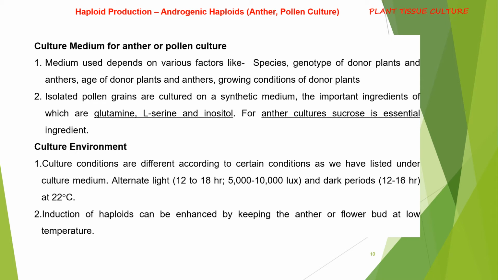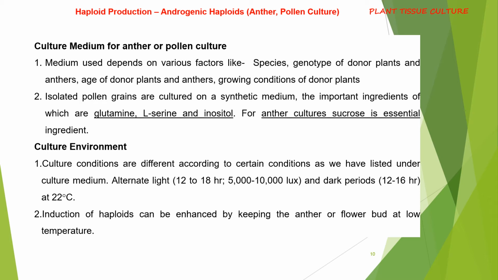Formulated media like Murashige and Skoog's media, Gamborg's media, Nitsch media, etc. can be used for anther and pollen culture. In case of pollen culture, liquid media is preferred, while for anther culture, agar solidified media is used.